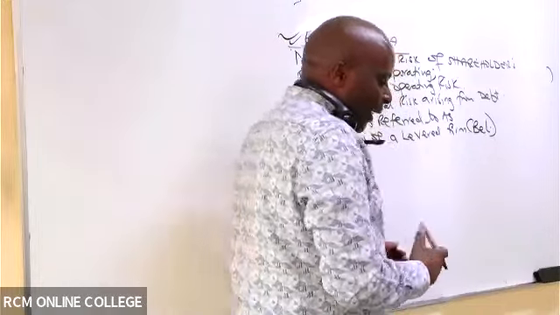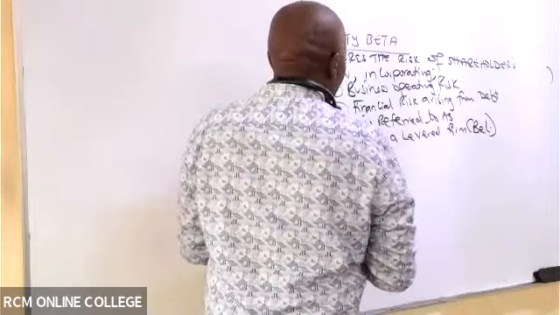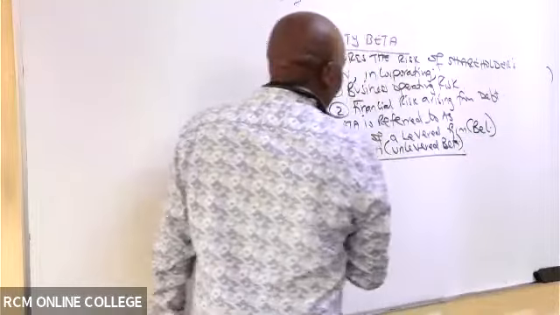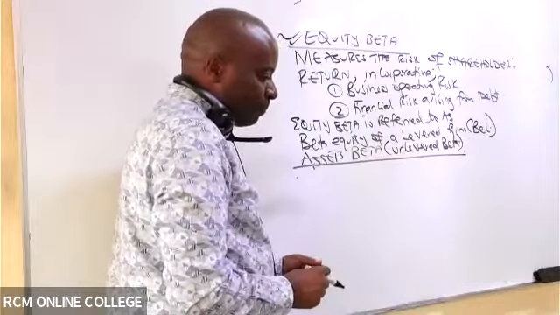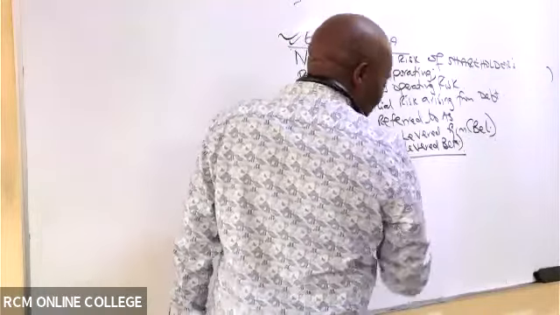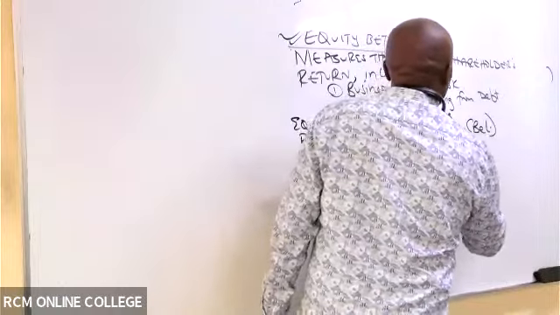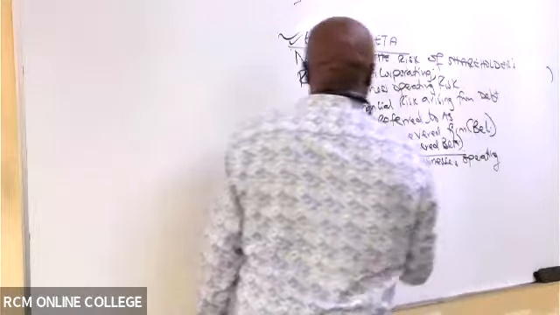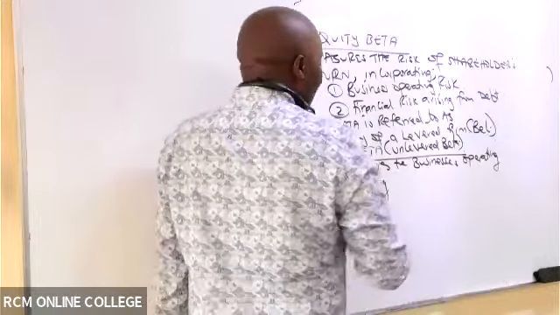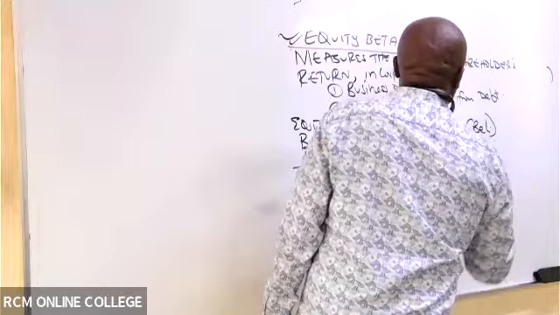We have what we call asset beta. Asset beta is also known as unlevered beta. This measures the business operating risk, assuming the firm has no debt.